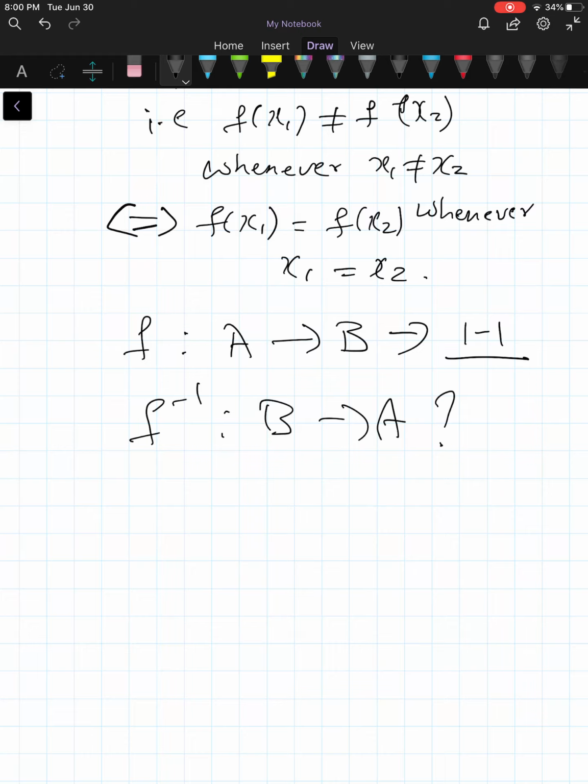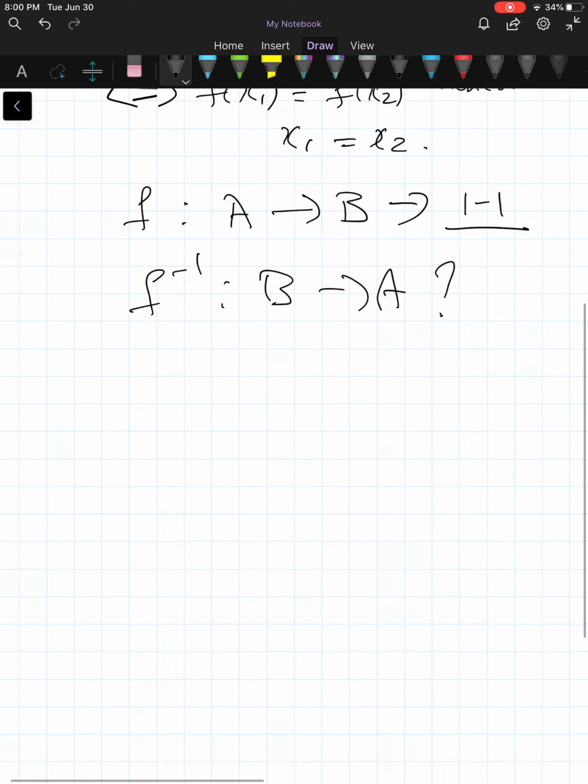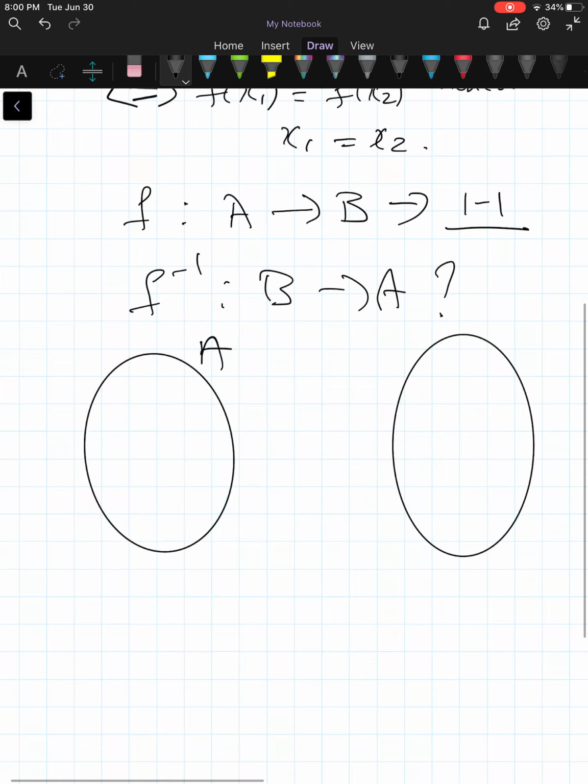If you have to draw an arrow diagram, I will draw an arrow diagram for a function which is not one-to-one first, so that you will understand better.